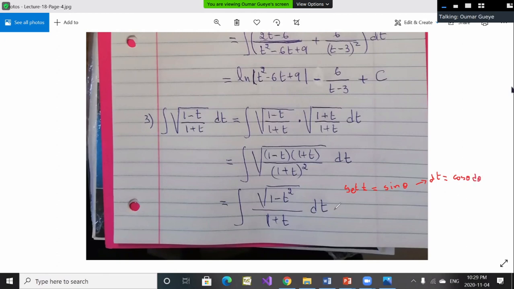And now when you substitute here, it's going to be the integral of square root of 1 minus sine squared theta. You substitute t by sine theta and you square it. Okay, over, and the denominator is going to be 1 plus sine theta.